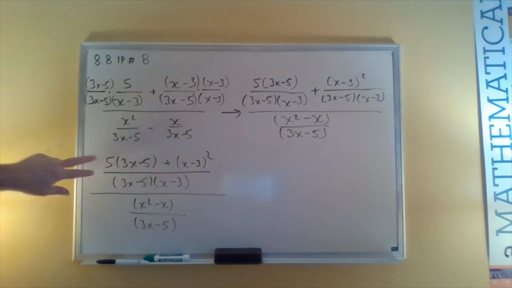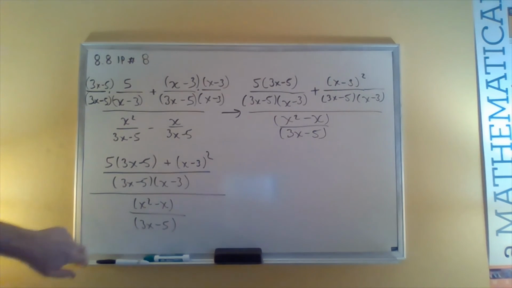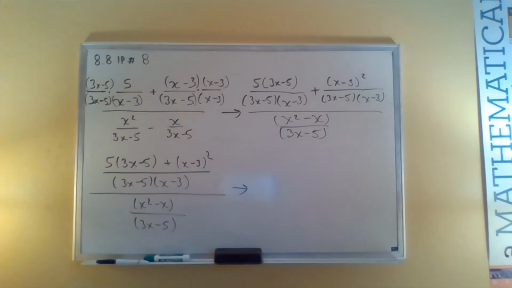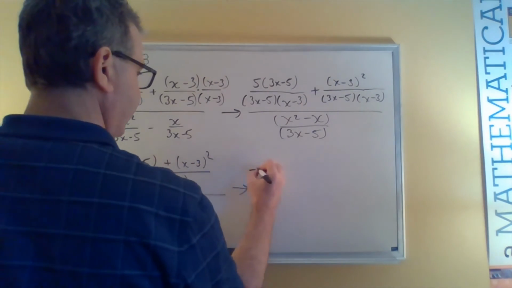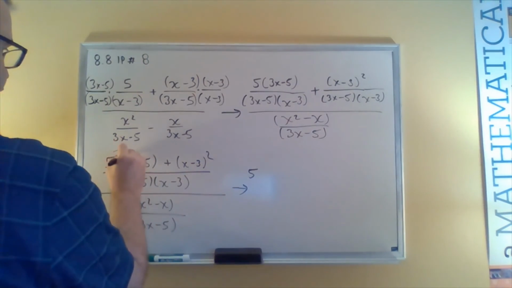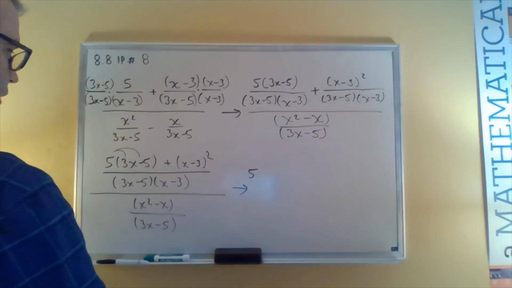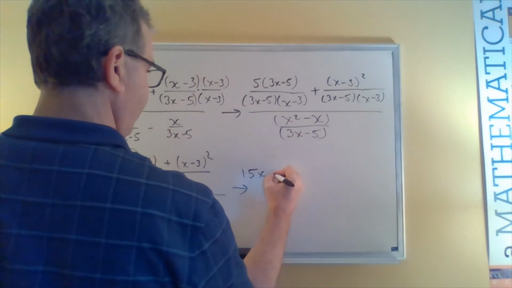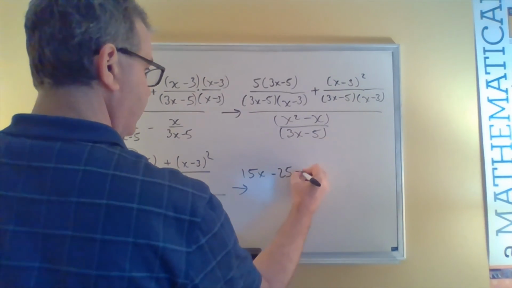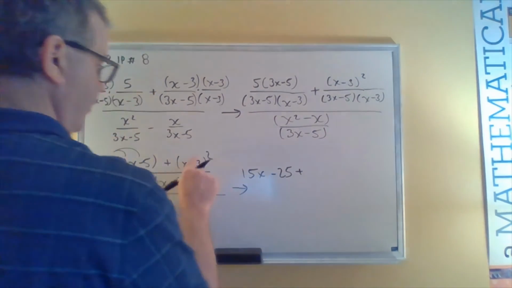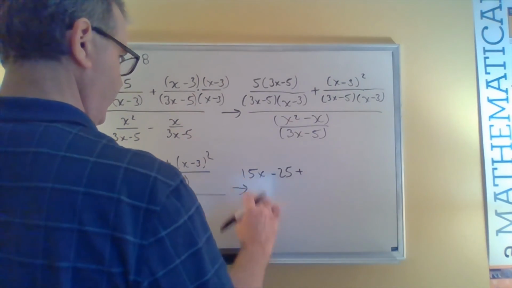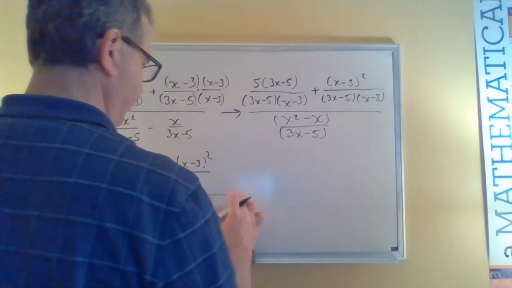Now that I have a single fraction in my numerator and a single fraction in my denominator, I can go ahead and multiply my numerator times the reciprocal of my denominator. So let's go ahead and set that up. I'm going to distribute this through. So I'll have 15x minus 25, and that's plus, if I'm going to FOIL out my x minus 3, actually I'm going to hold off on that step there.